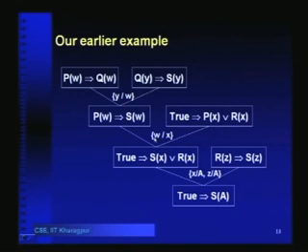If we substitute w by x, then we have Px implies Sx, and therefore, we have true implies Sx or Rx.